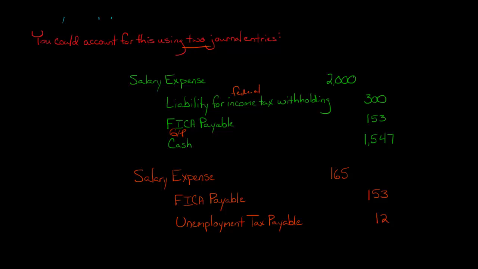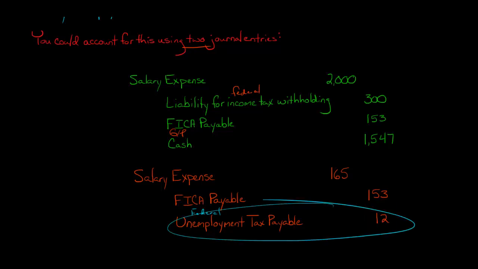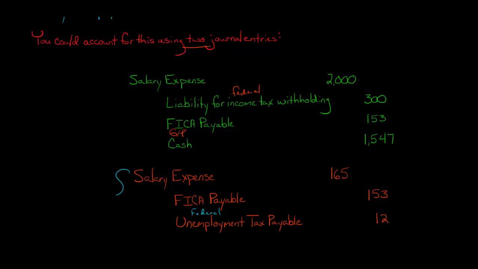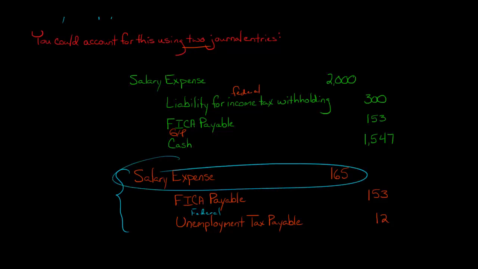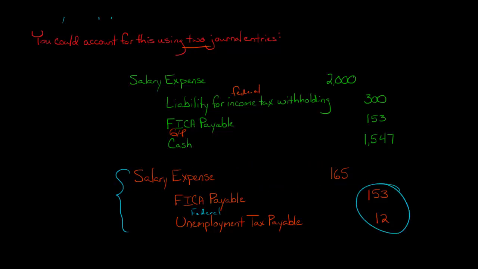Now, the employer might also have to pay federal or state unemployment tax. So let's say we've got some federal unemployment tax that's payable, and then this will also be a current liability. Okay, so that's a current liability because it'd be payable within 1 year. So we're going to have now these amounts, and then here we've got salaries expense is what's debited for these amounts.